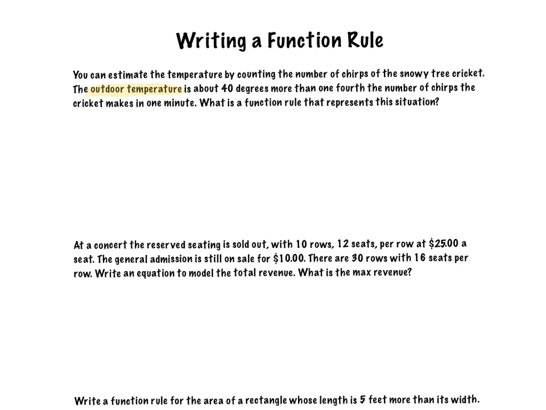It's the only other thing that changes here. What's the outdoor temperature dependent upon? How many times the cricket chirps? So the number of chirps is going to be my other variable.